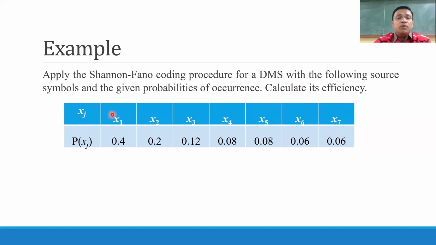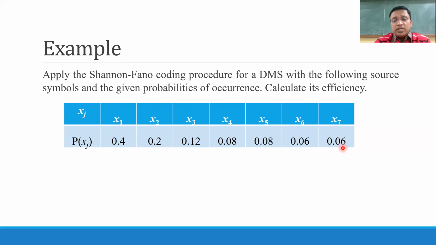The source symbols are given as x1, x2, x3, x4, x5, x6, and x7. Their probabilities of occurrence are 0.4, 0.2, 0.12. Now here you can see x4 and x5 have the same probabilities, 0.08 and 0.08. Similarly, x6 and x7 also have the same probabilities, 0.06 and 0.06.